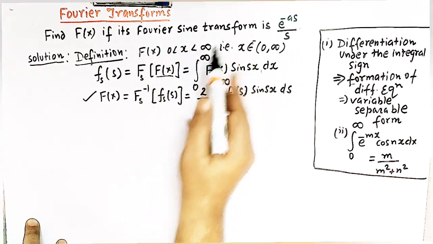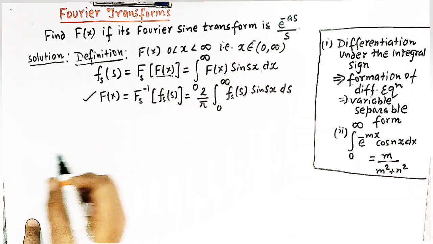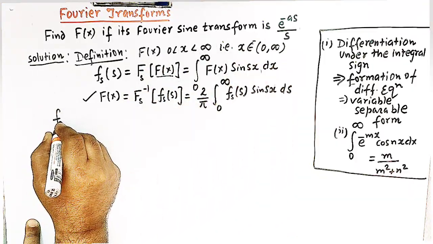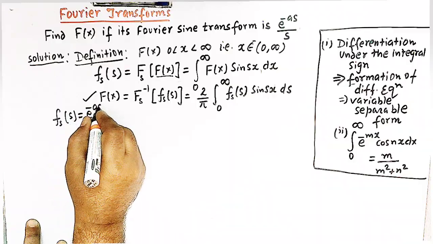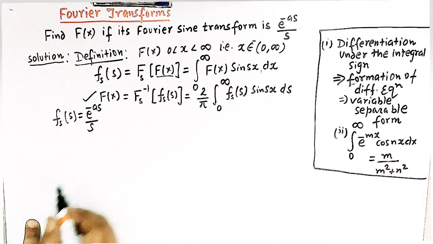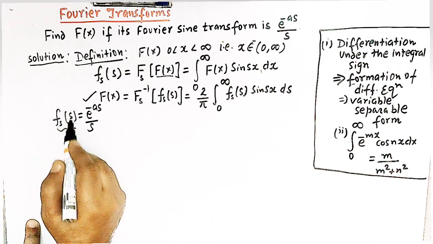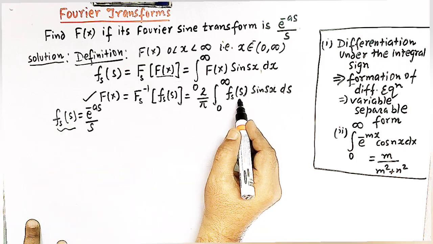Now we are given the Fourier sine transform, F sub s of s, as e raised to minus as over s. Let us substitute this value in this integral.